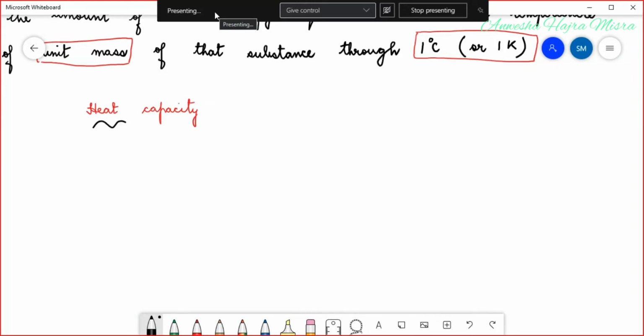Heat capacity is the product of mass and specific heat capacity. Now we have Q equal to M into C into theta. This M into C is called heat capacity.